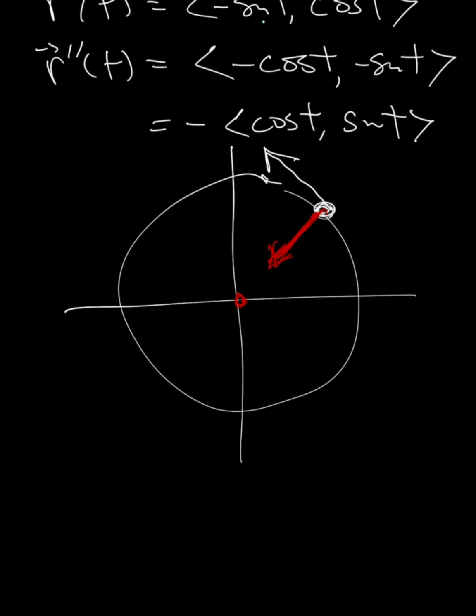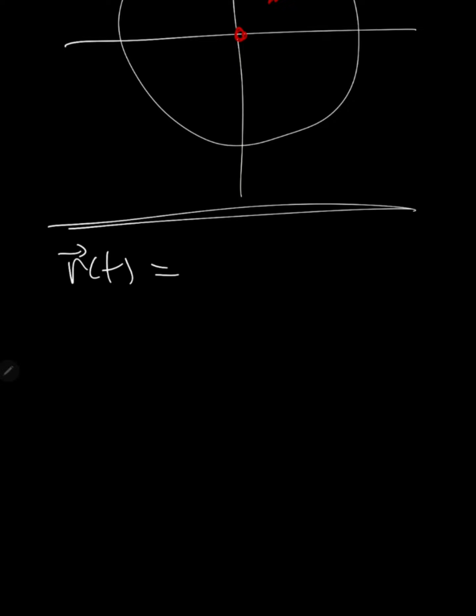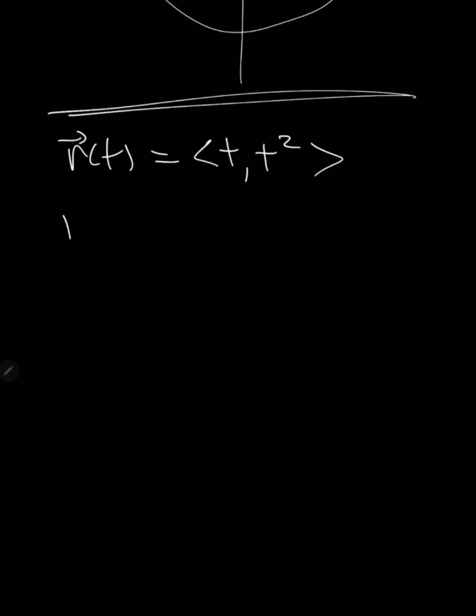The examples I've done are for very simple circular motion, but obviously you can do r of t equals anything, like t squared, which is a nice, interesting example. And everything I've talked about applies when you go into 3D motion.